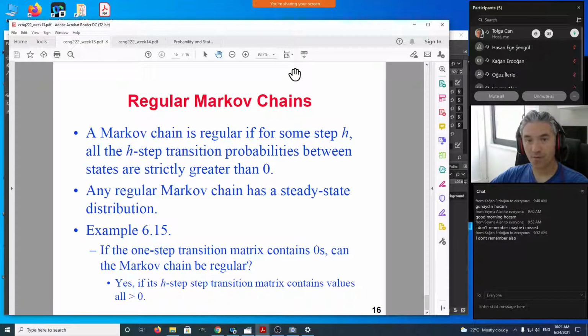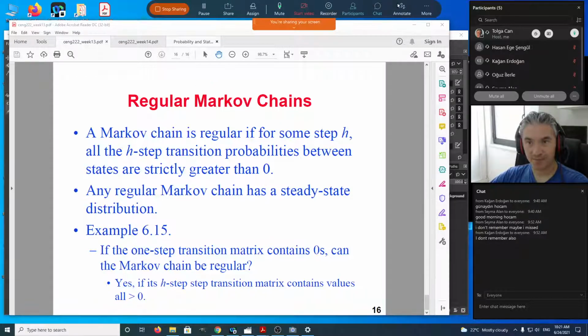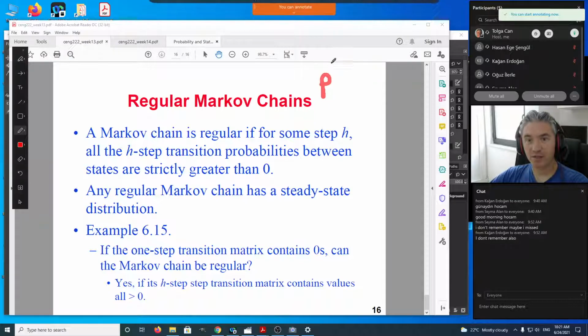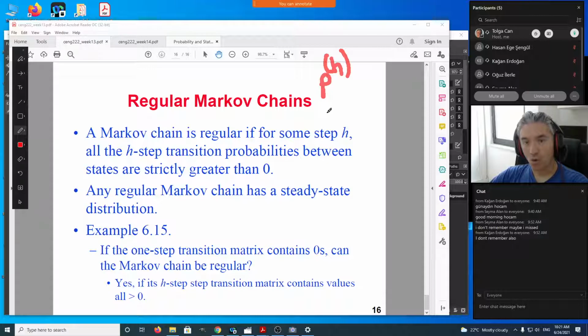So if for some H power of your P matrix, all the ij values, all the cells for all ij, this P_ij is strictly greater than 0, then such a Markov chain is called a regular Markov chain, and regular Markov chains always have steady states. Okay, the steady states exist for regular Markov chains.